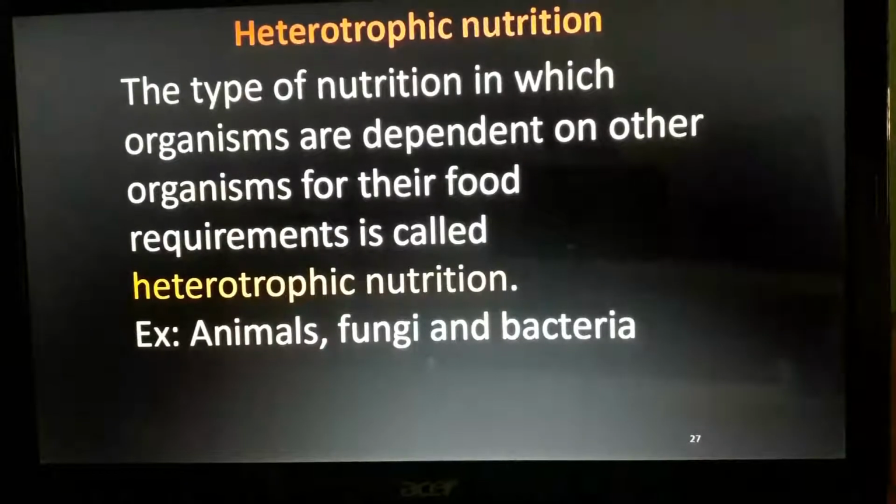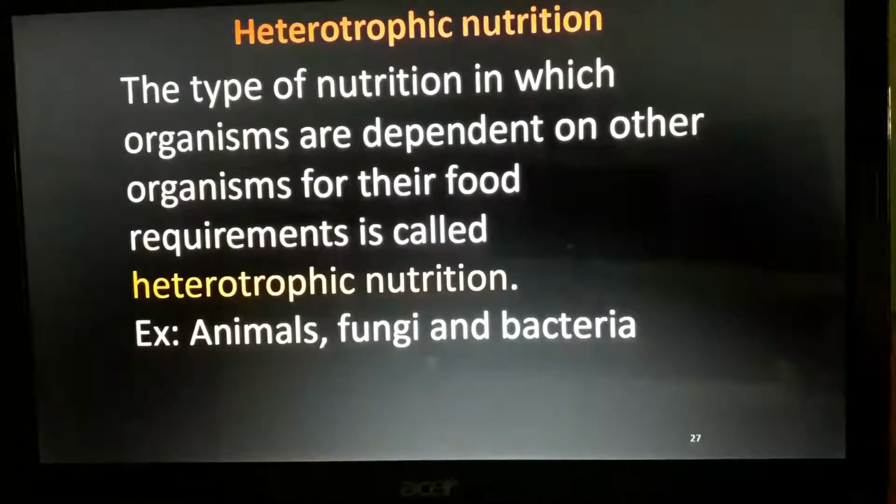For example, we eat plants, fruits, vegetables, meat, fish, rice, nuts, grams, all those things we get from other organisms. Is anybody of you making any apple or fish or egg inside your body? No. We are consuming it from outside. That's why it is called heterotrophic nutrition.